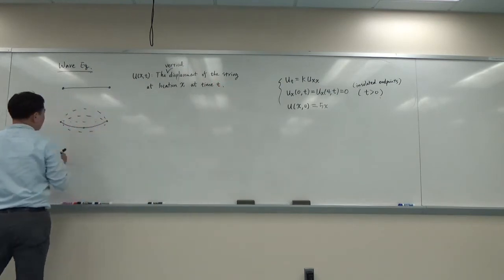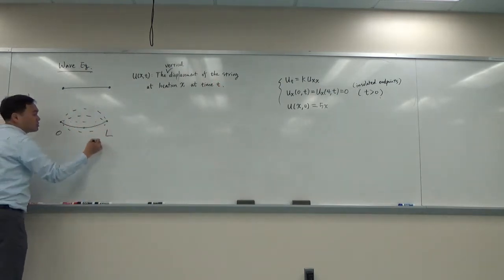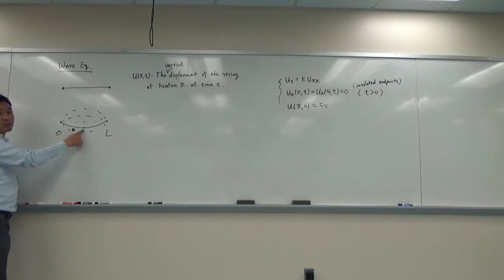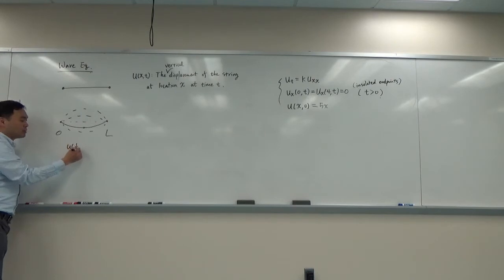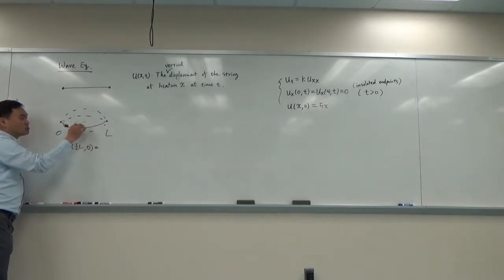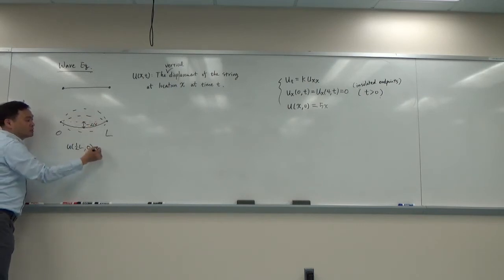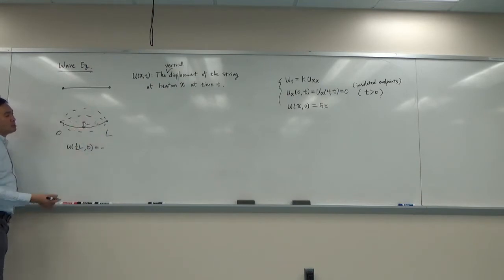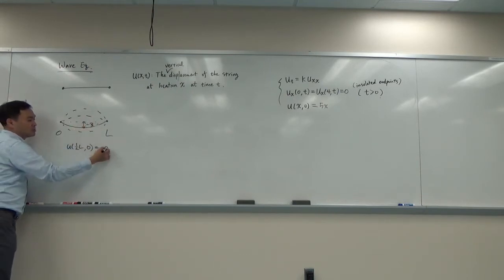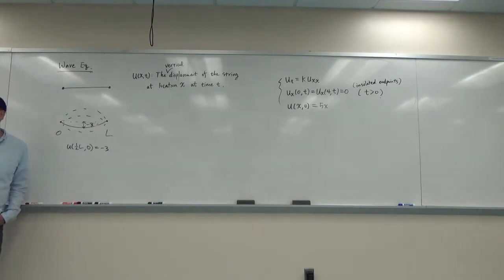So if this is 0 and the length of the string is L, and this is somewhere midway, at half of L, u(L/2, 0) will be some negative value, right? I don't know what this displacement is, but if I call it negative change of y, or let's measure it and say it's like 3 millimeters. You could do something like that, right?